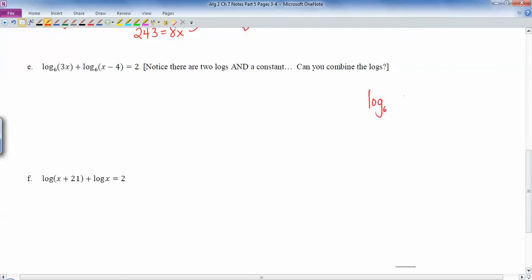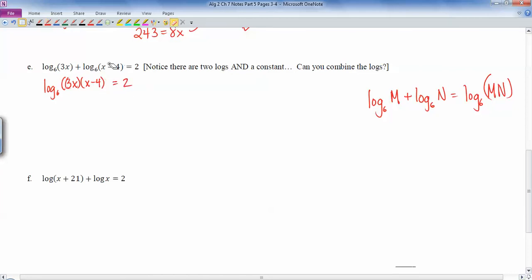If you have log base whatever of some number plus the same base log of another number, that's the same thing when you condense it as m times n in the one log. Okay, that we learned on the last handout. So in this one, we can convert the left side into log base 6 of 3x times x minus 4, all inside that one big log, equals 2.